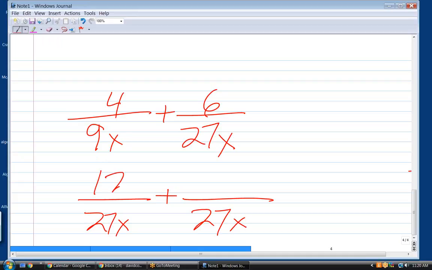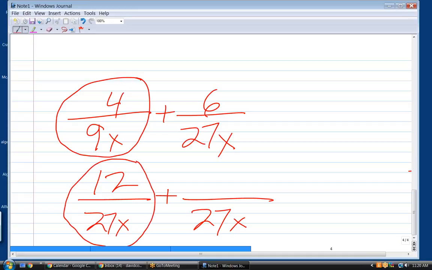That's 12. And the key here, and this is very, very important, always be checking. Make sure that you have not changed the value of that fraction. Are those 2 things the same thing that I've circled? Yeah. Then you've done it correctly. And that's what's important. I don't care how you do it. You can use any method you want.